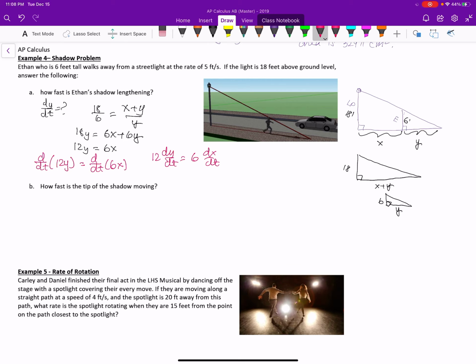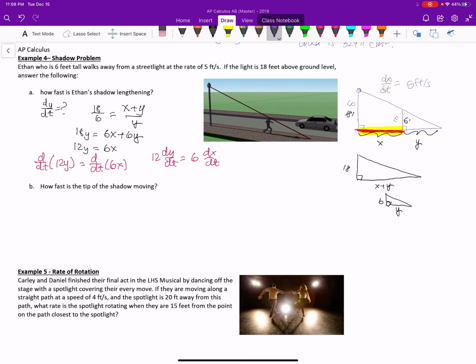It's saying here, Ethan, who is 6 feet tall, walks away from the street lamp at a rate of 5 feet per second. So I know that his rate, that's this in red that I'm highlighting here, that distance right there is changing at a rate of 5 feet per second. So dx/dt is going to be 5 feet per second.